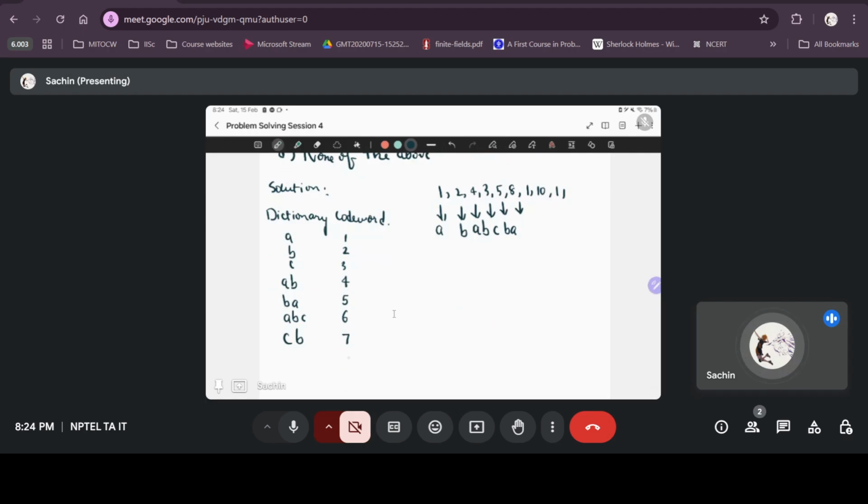So the 8th code word actually started out with the previous phrase BA and the first symbol of the 8th code word, which is actually B. So BAB is the 8th code word.